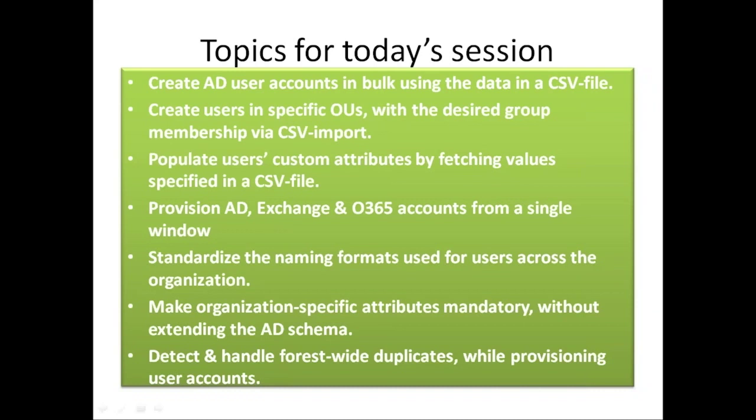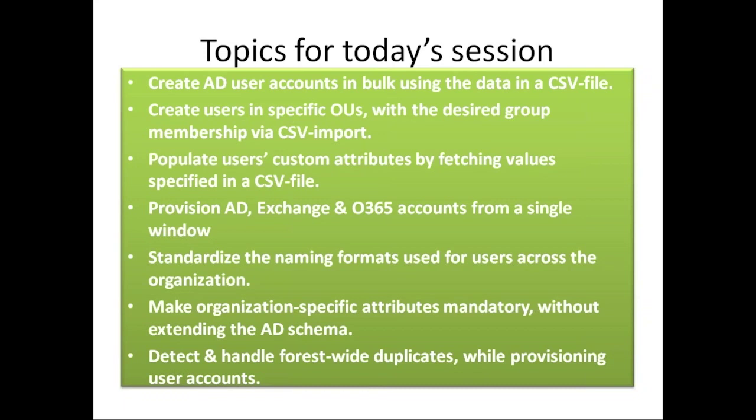All right. And then whenever we talk about user account provisioning in Active Directory, there are chances of duplicates. For instance, you create a user account on day 1 and the name of the user is John Smith. So the email address will be something like john.smith@domain.com, and on day 2 you create another user account with the same name.